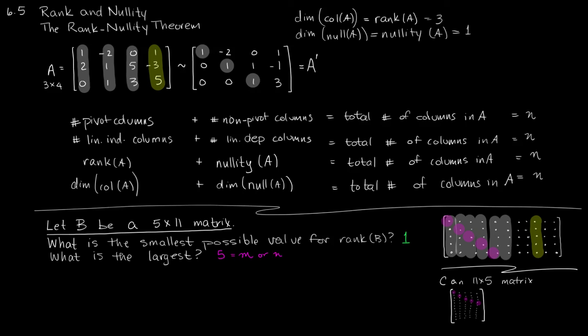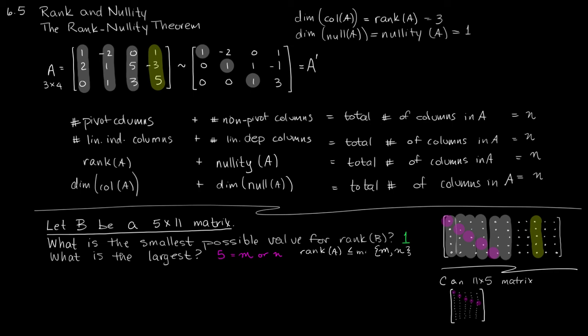And so what we say here, and we've touched on this before, though I don't think I did a very good job of explaining it, is that the rank of a matrix A is always going to be less than or equal to either M or N, whichever is smaller.